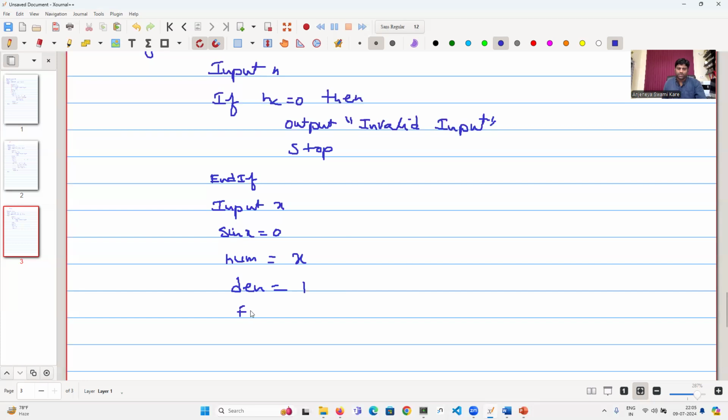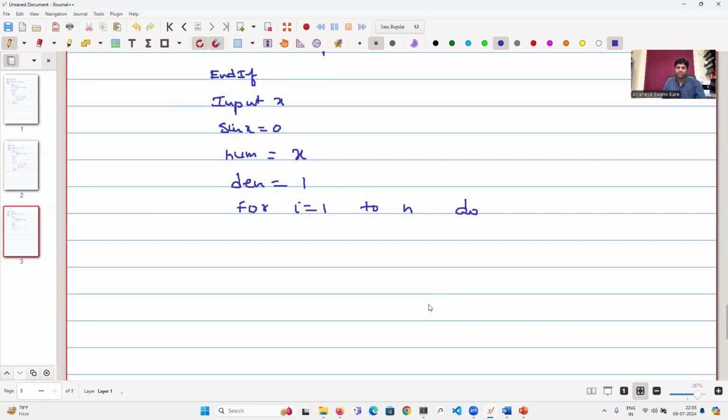So for i equal to 1, 2, to n, do sin x equal to sin x plus numerator divided by denominator.